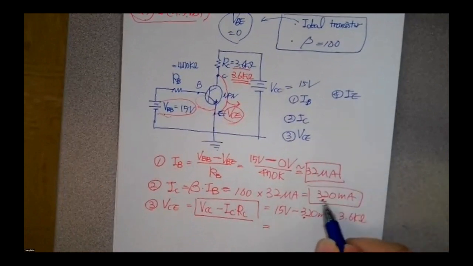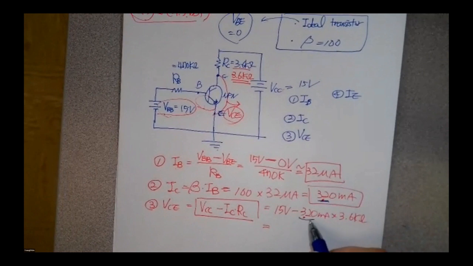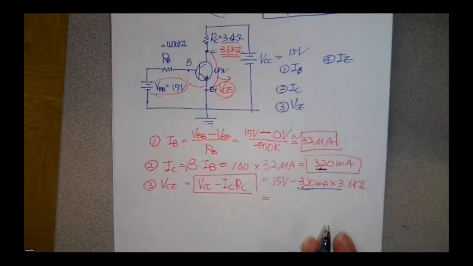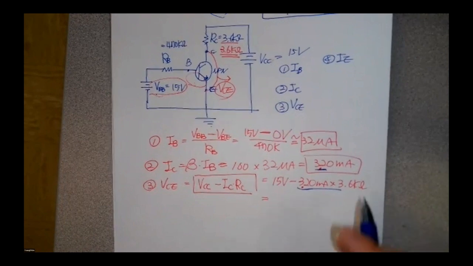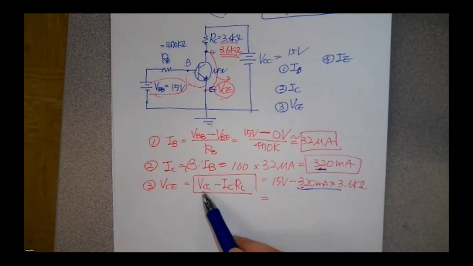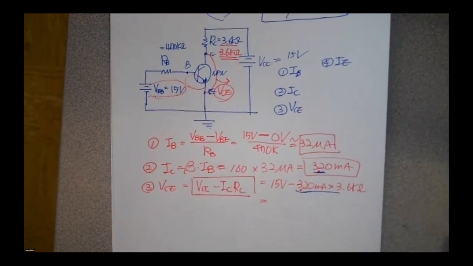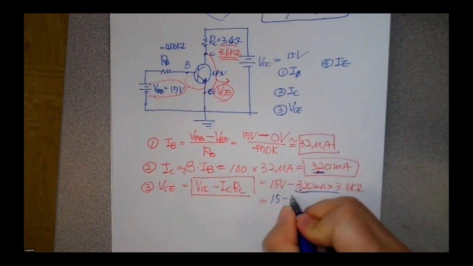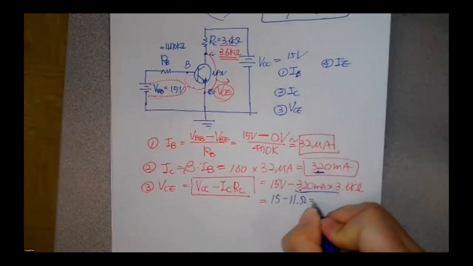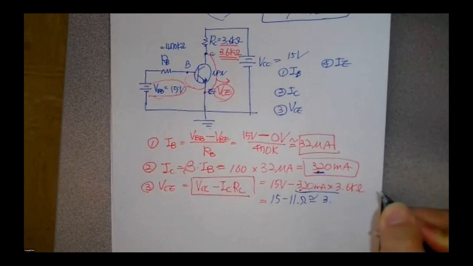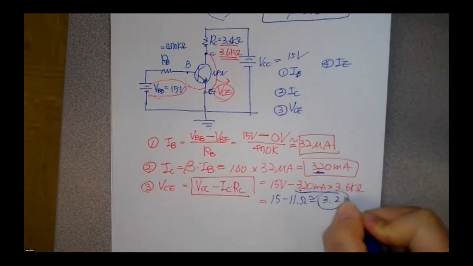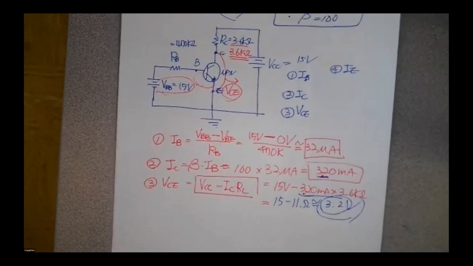I'm sorry about that. 15 minus 3.2 milliamp multiplied by 3.6, from the calculator. So 15 minus 11.52, approximately 3 point 2 something. Okay.